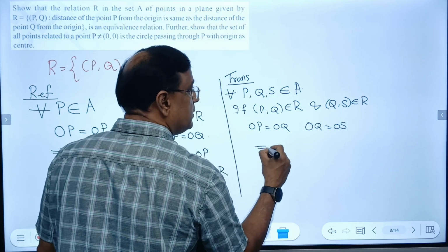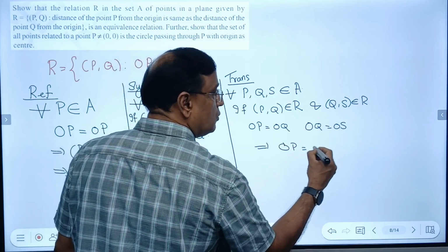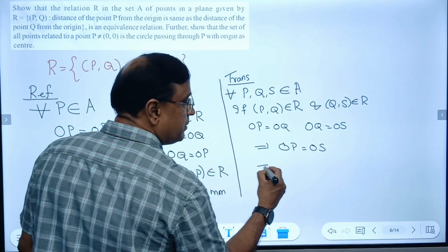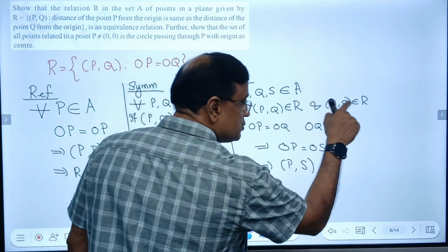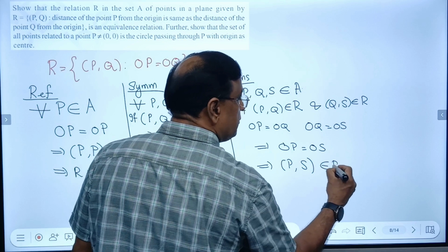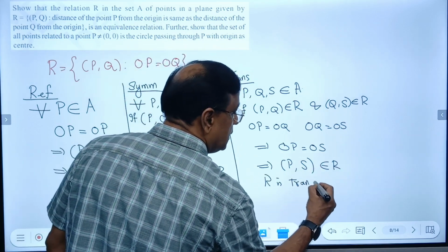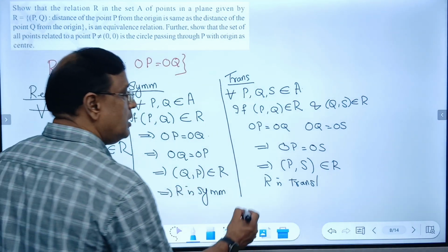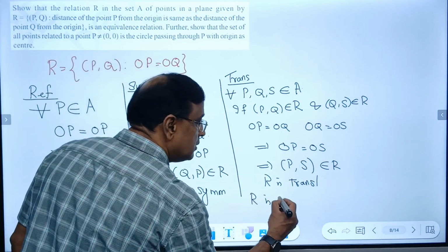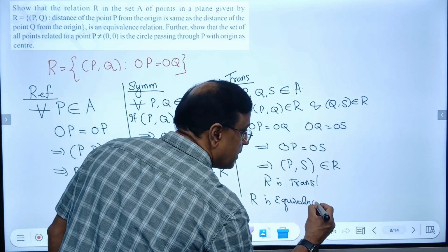From the two equations, OP equal to OS. This implies P is related to S. So R is transitive. Since R is reflexive, symmetric and transitive, it is an equivalence relation.